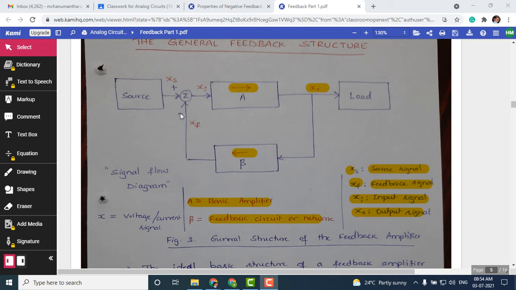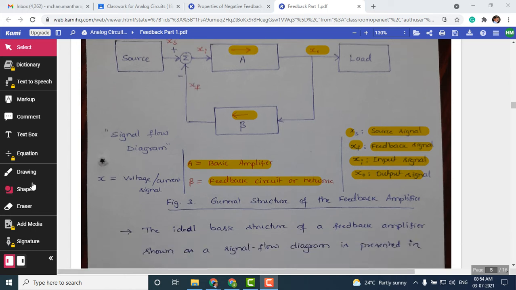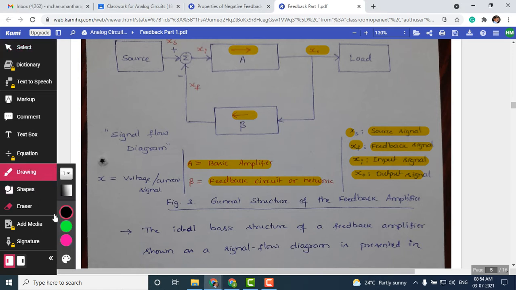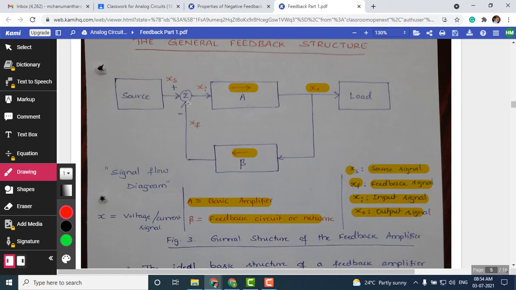So there is a negative feedback you can make out here. These are the 4 blocks students should be familiar with. I am highlighting those 4 blocks which are important and which you should remember, and also the sign here which you should not forget.